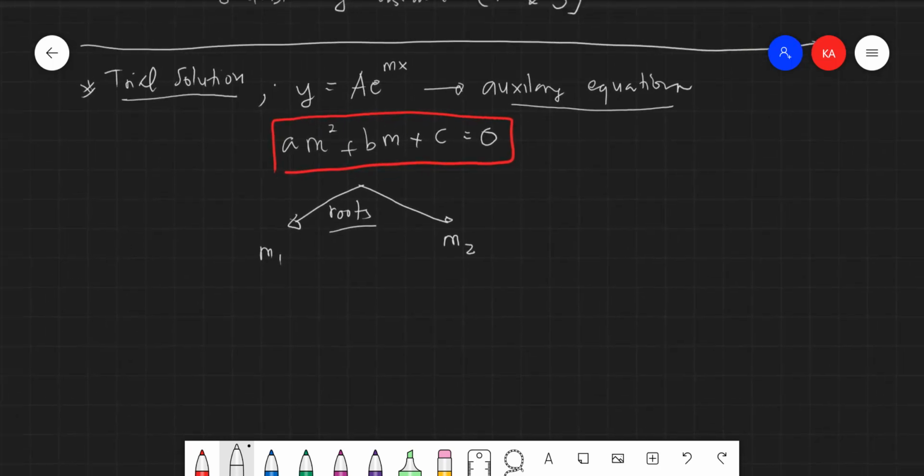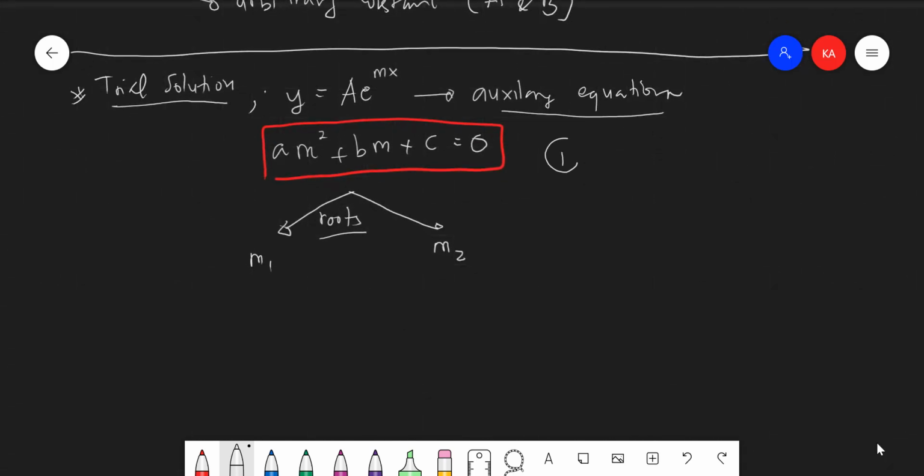We have three characteristics of the roots. The first one is if we have real different roots. So if for the equation we have real different roots, we have m1 and m2.